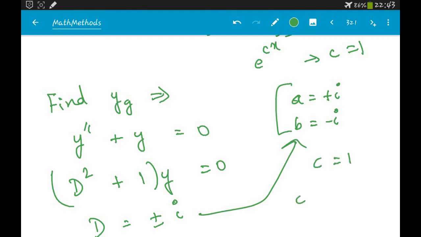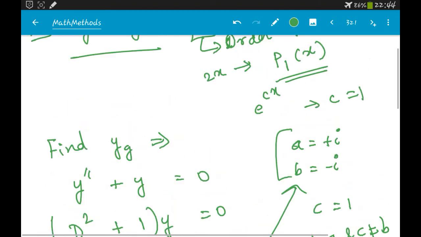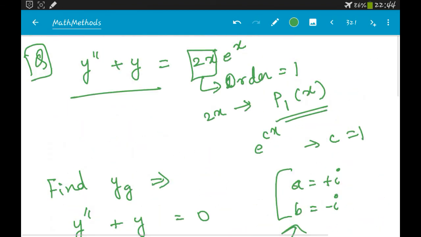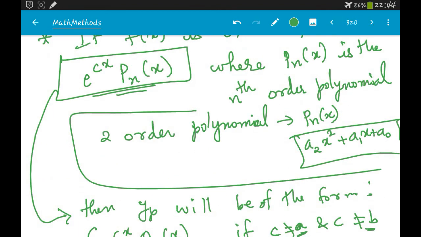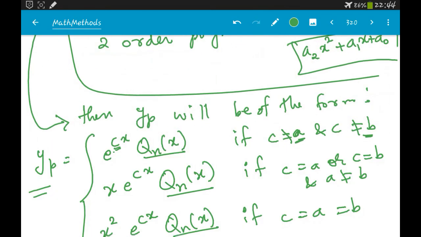So you can see that c is not equal to a and c is not equal to b. So if c is not equal to a and c is not equal to b, then let's look at our criteria. yp will be of this form, e power cx into Qn of x.